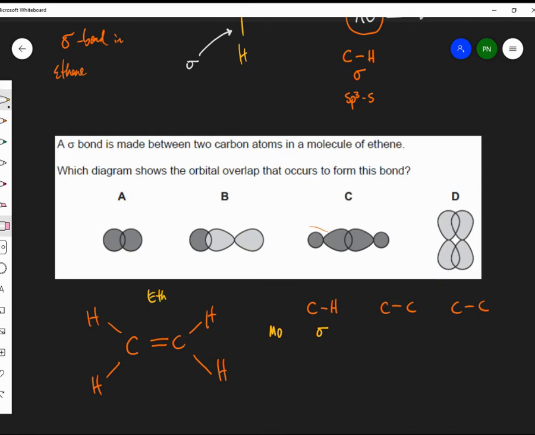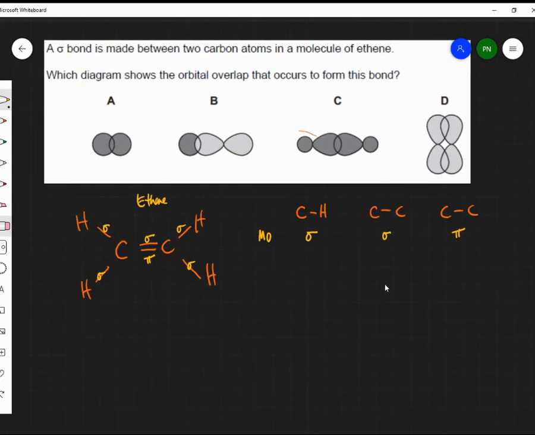That's right, one of them is a pi. What about the other one? Sigma. In other words, all of these are sigmas. One of these is a sigma, and one of these is a pi. Now, it gets a little bit tricky.